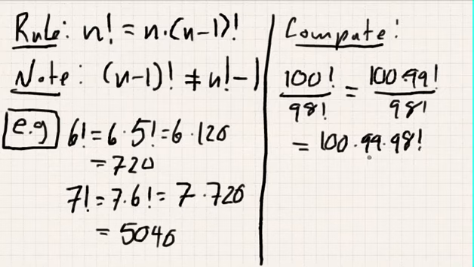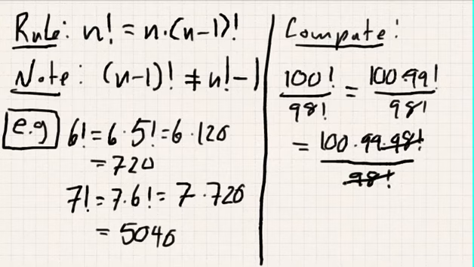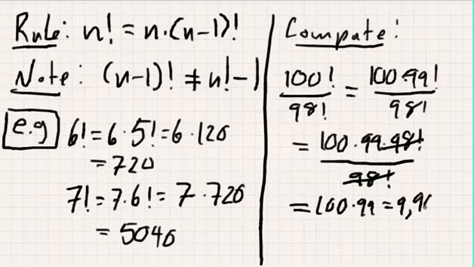So 99 factorial is the same thing as 99 times 98 factorial, and I'm still dividing that by 98 factorial. Why did I do this? Now I've got a factor of 98 factorial on top and on bottom. I can cancel those out, and I'm left with 100 times 99, which is 9,900. Okay, that makes things a little easier for us.